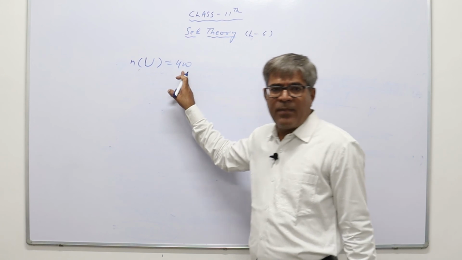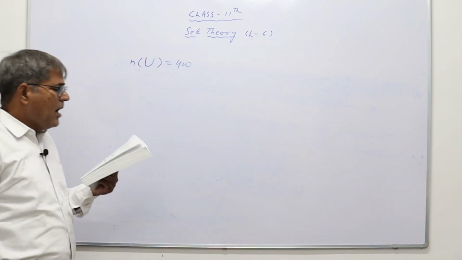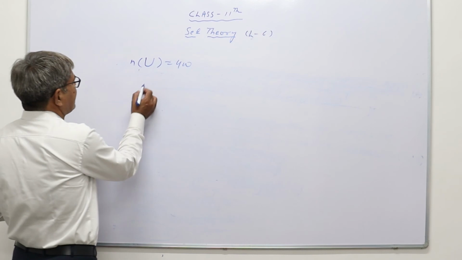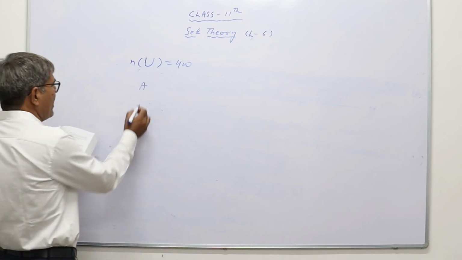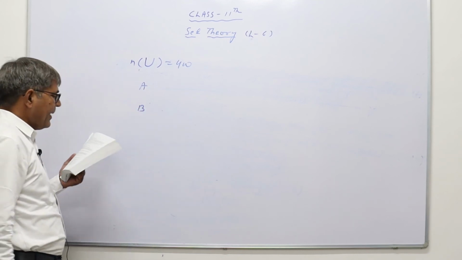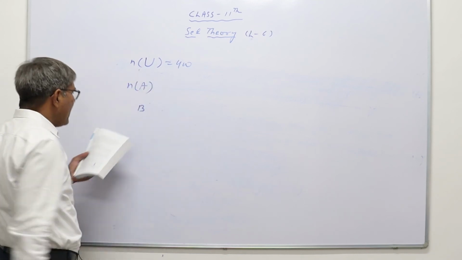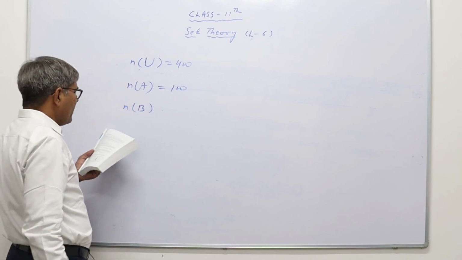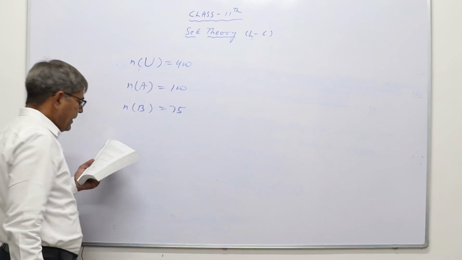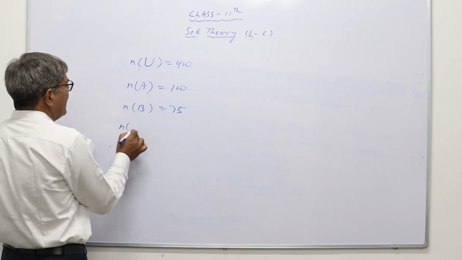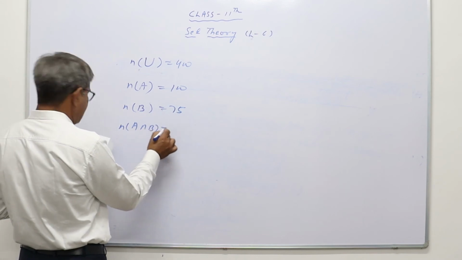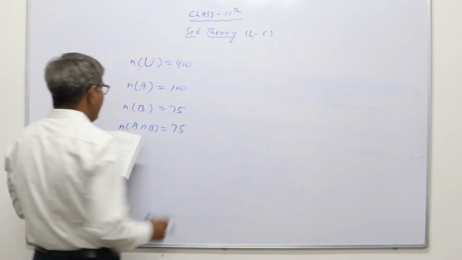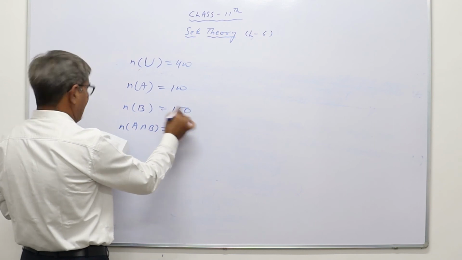Let us suppose those students who are taking apple juice are represented by the set A, and those taking orange juice by the set B. Then the number of students taking apple juice is 100, n(B) is given as 150, and the number of students taking both apple juice and orange juice is 75.